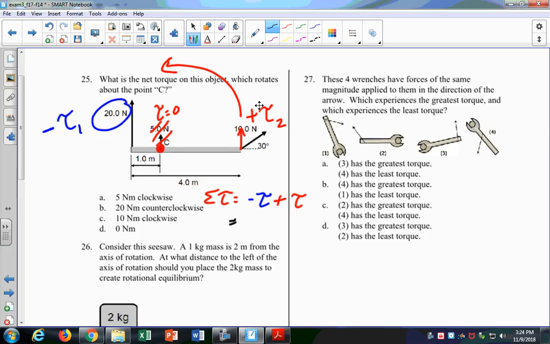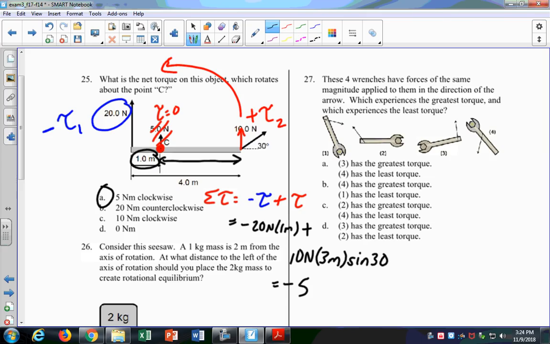So it's negative 20 newtons times 1 meter, because 1 meter is the distance to the axis of rotation, plus 10 newtons times what? 3 meters, that's this distance. Thank you, Drew. Times sine of 30. Don't forget that sine term. Whatever that is, that's 20, 30, 15. That's negative 5. So it's 5 newton-meters clockwise.